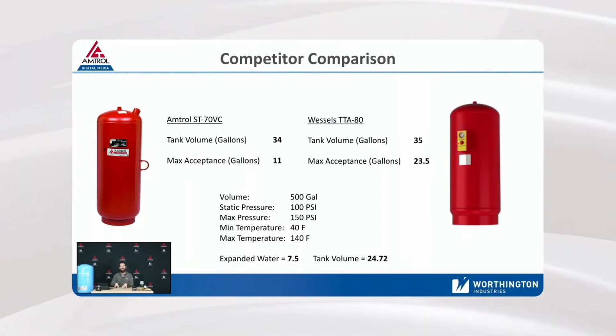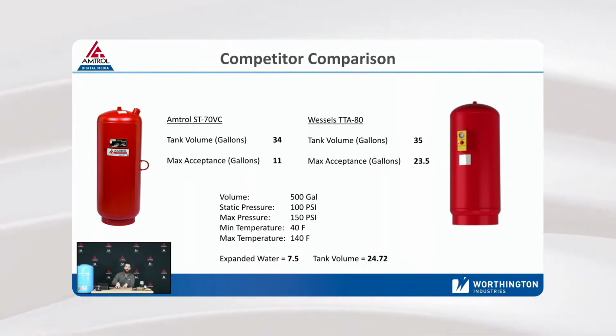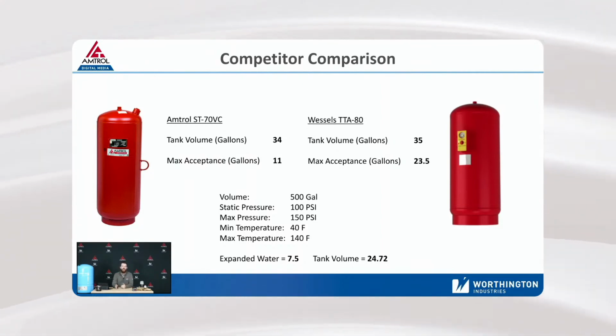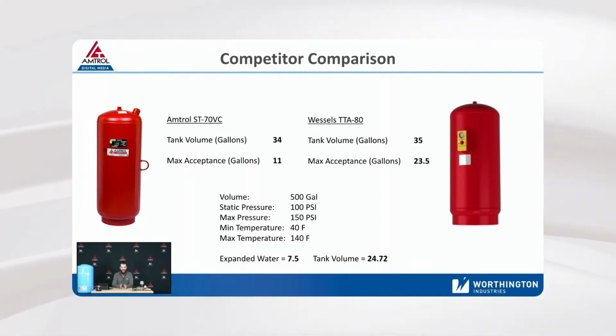It's like, well, how can I get almost 23 gallons of volume in a 35-gallon tank? You have to have some really weird system setup that's completely unrealistic for most of them, which is almost the point I'm illustrating. Most of that max acceptance space is wasted. It's never used, because no average system is going to need that much volume in a tank that small.